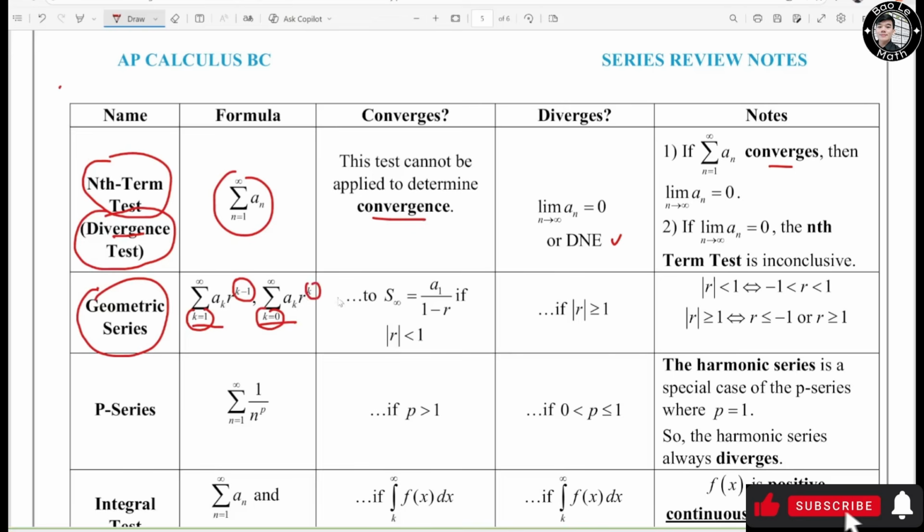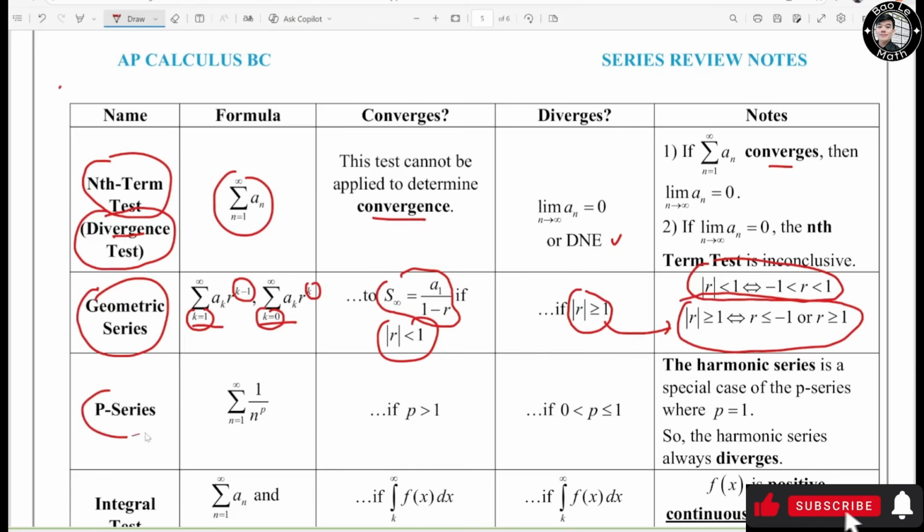The series converges to S sub infinity equals the first term over 1 minus r if the absolute value of r is less than 1. This is the same thing as this, so keep that in mind. Now, the series diverges if the absolute value of r is greater than or equal to 1. This is the same thing as this, right? Which you learned from Algebra 2.